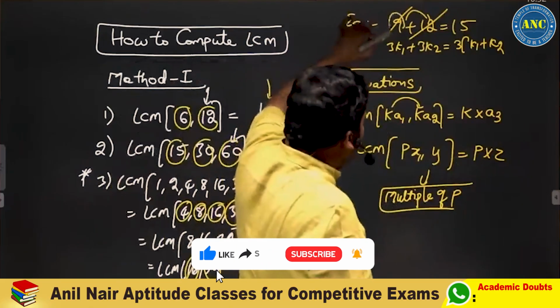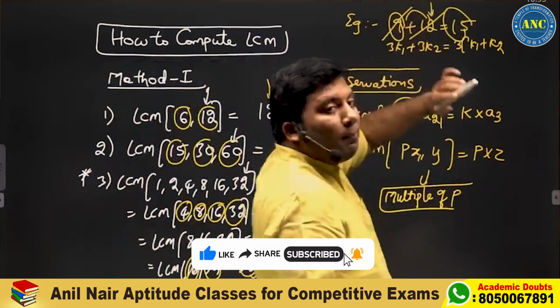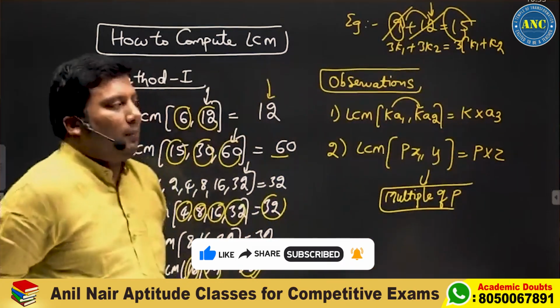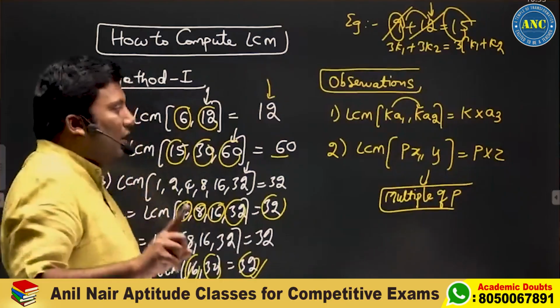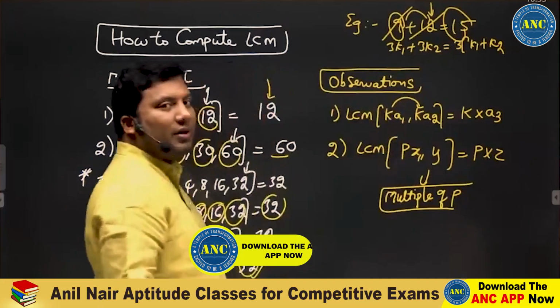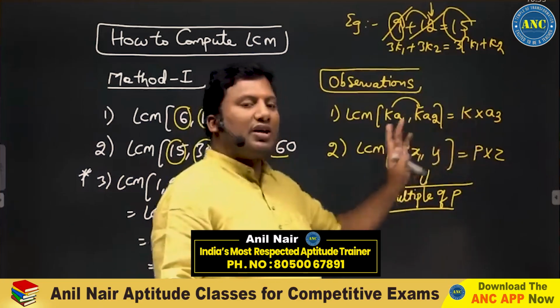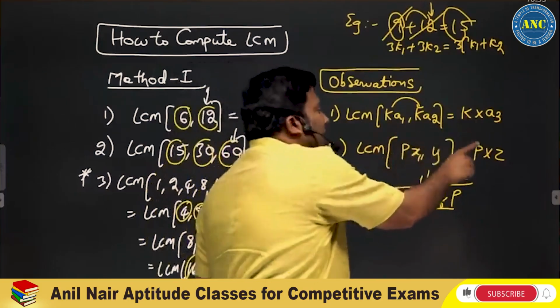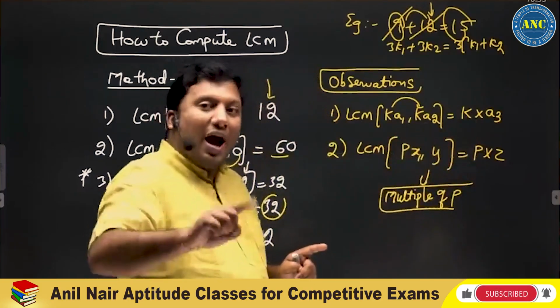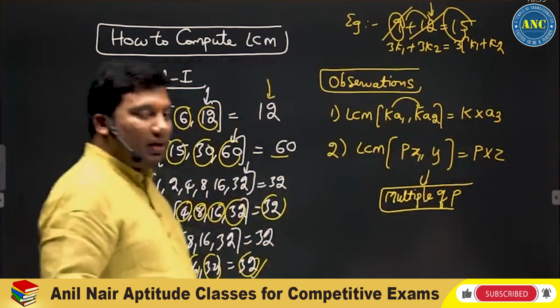If one input and the output are multiples of 3, the other input will definitely be a multiple of 3. Very, very important key point. If the inputs are all multiples of some number, the answer should be a multiple of that number. If one input and the output are multiples of 4, the other input should be a multiple of 4.